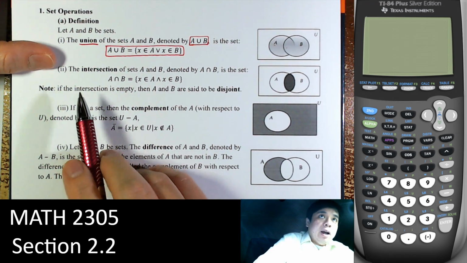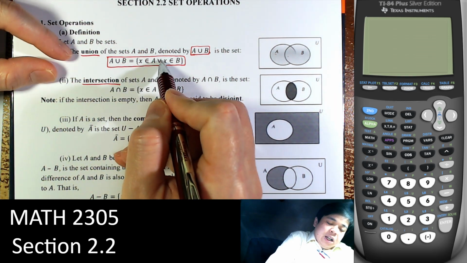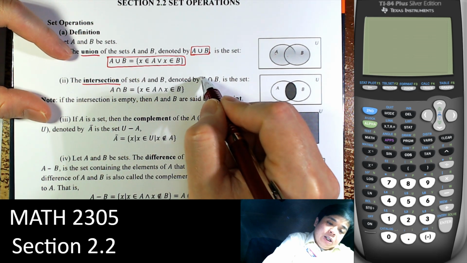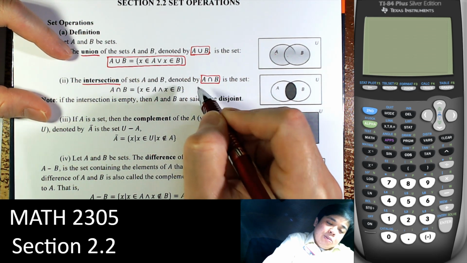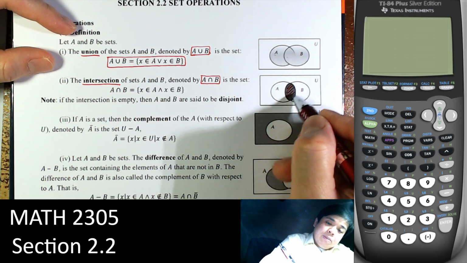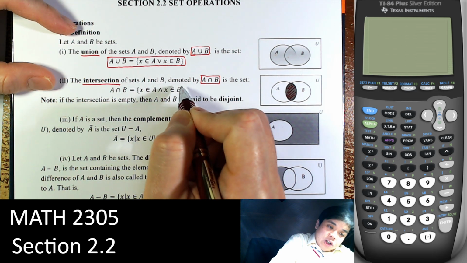Next, we have the intersection. The union uses the disjunction, and the intersection is the upside-down U. That is simple. The intersection of A and B is the part that is overlapping, and it is denoted by the conjunction.